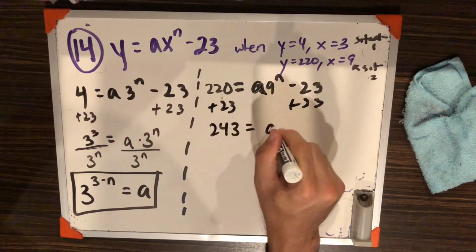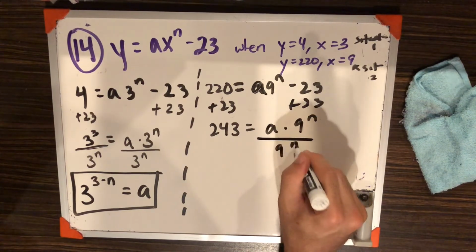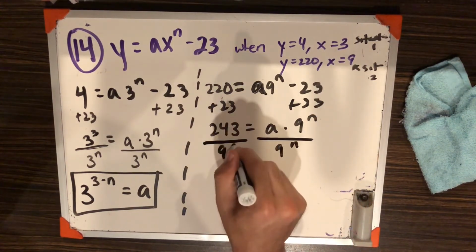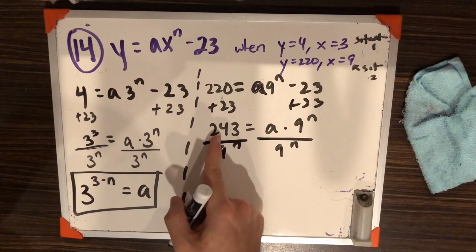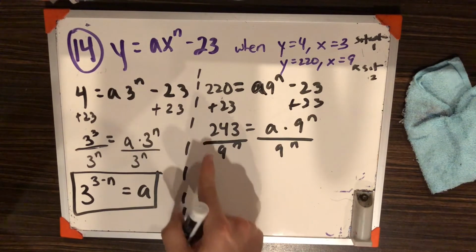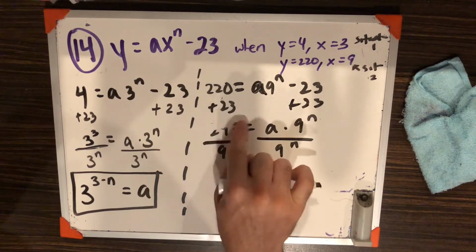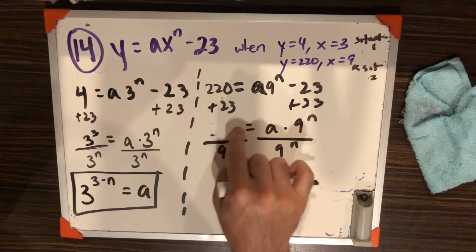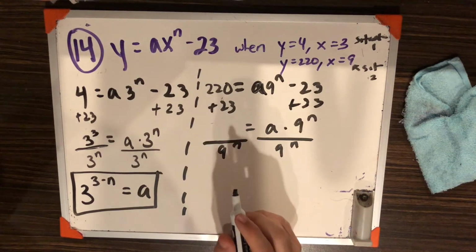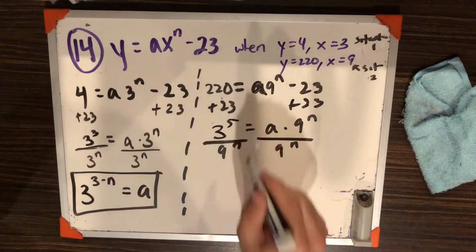243 is equal to a times 9 to the n power. 9 to the n power is what I'm going to divide by. 243 and the base of 9 have something in common. They have a base of 3 in common. So 243 I can change into 3 to the 5th power.